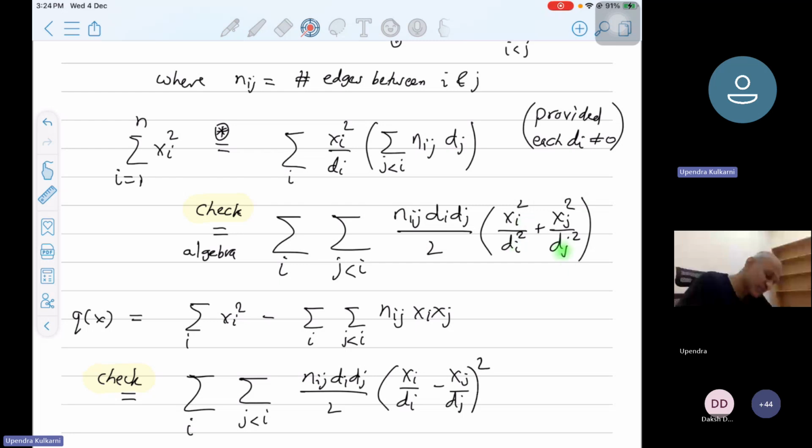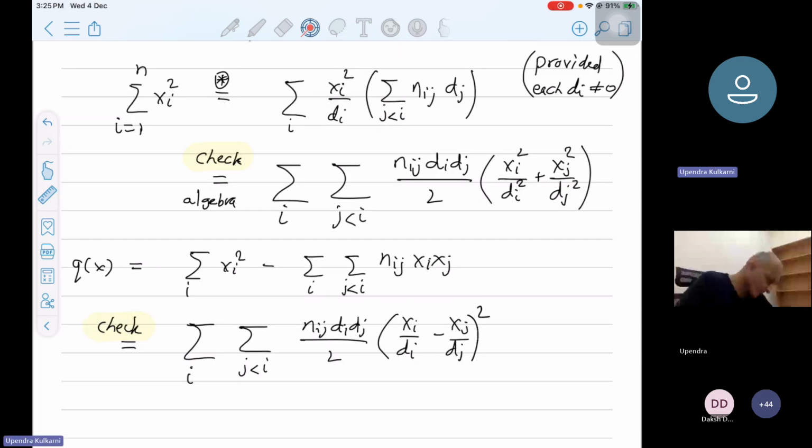There are these two square terms, and then there are these minuses, and here is nij divided by 2. So an algebraic calculation is going to show that q of x, for any x whatsoever, by means of the given vector, is going to be this expression. Now it is a sum of squares.